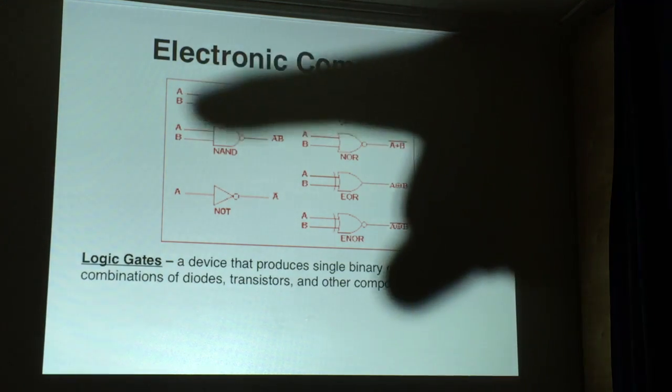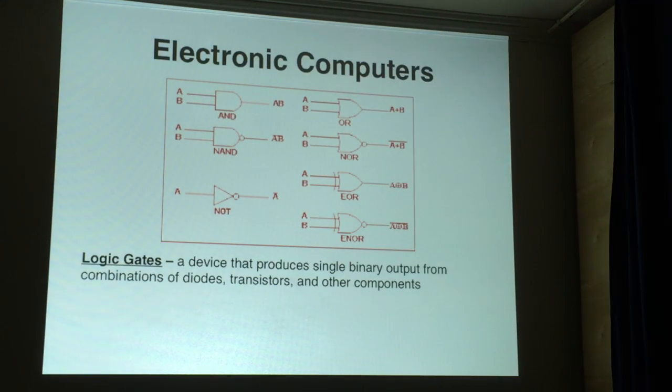However, if A is positive and B is negative, or A is negative and B is positive, then AB is a 0. Also, if both of them are negative, then it's a 0. Usually, both of them have to be positive in order for AB to be positive.